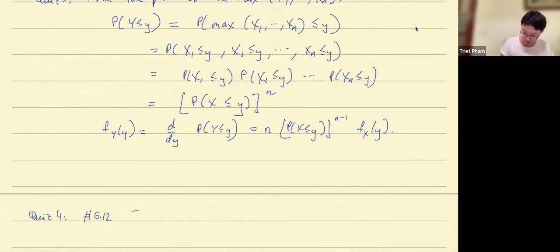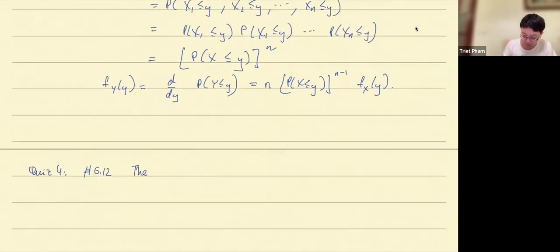It says this: the number of people entering a drugstore is Poisson 10. Let's say per hour.